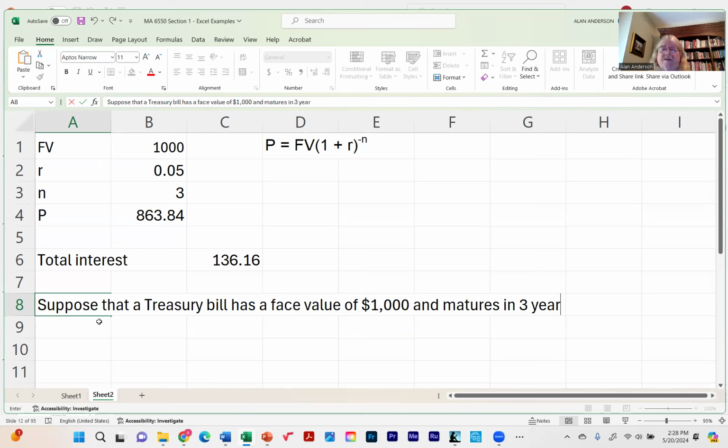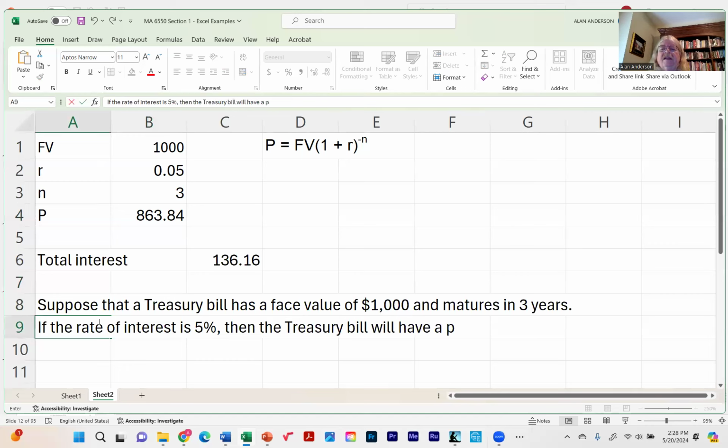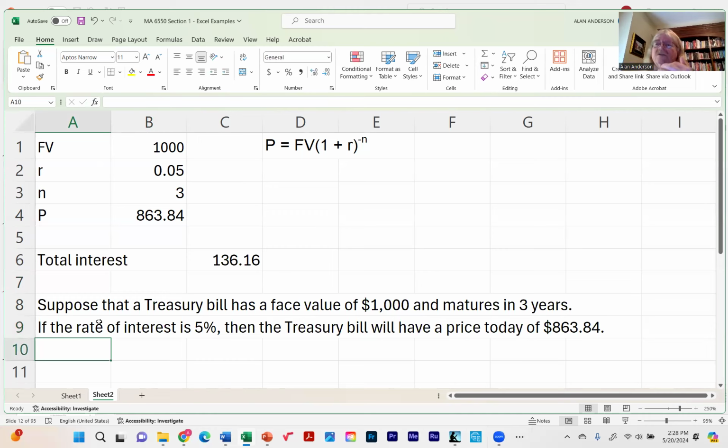In fact, why don't we use the same example? If the rate of interest is 5%, then the treasury bill would have a price today of 863.84. In other words, you would go out in the treasury market and buy this 3-year treasury bill for 863.84, and in 3 years you'd have exactly $1,000.